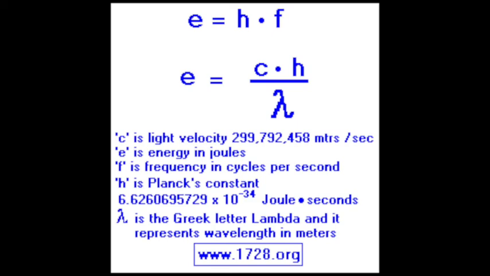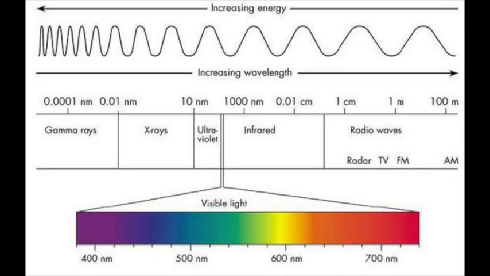So, a little bit of a recap. Please remember that the energy of electromagnetic radiation is inversely proportional to the wavelength. The shorter the wavelength, the more energy it has. And you need to remember the order of the rays.